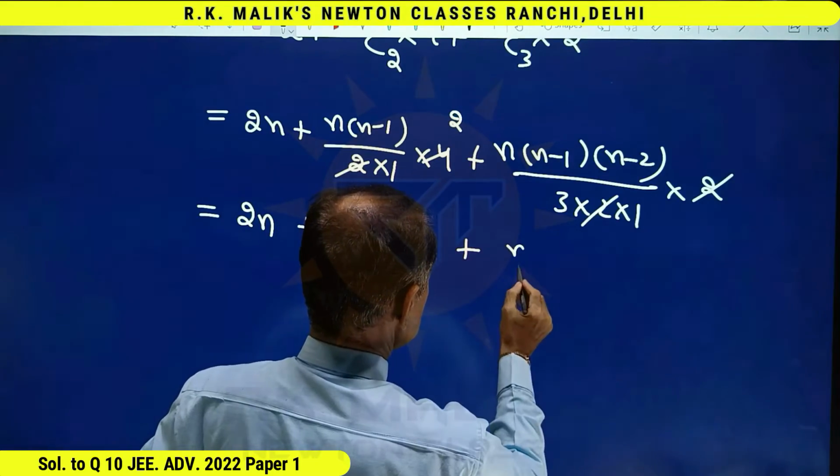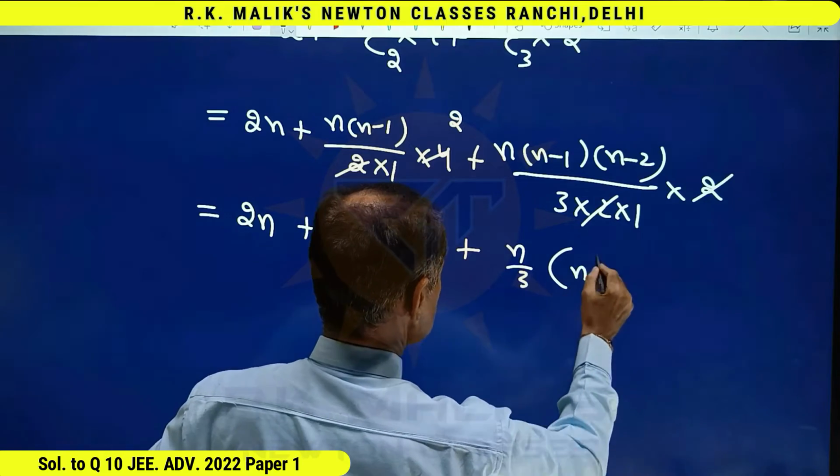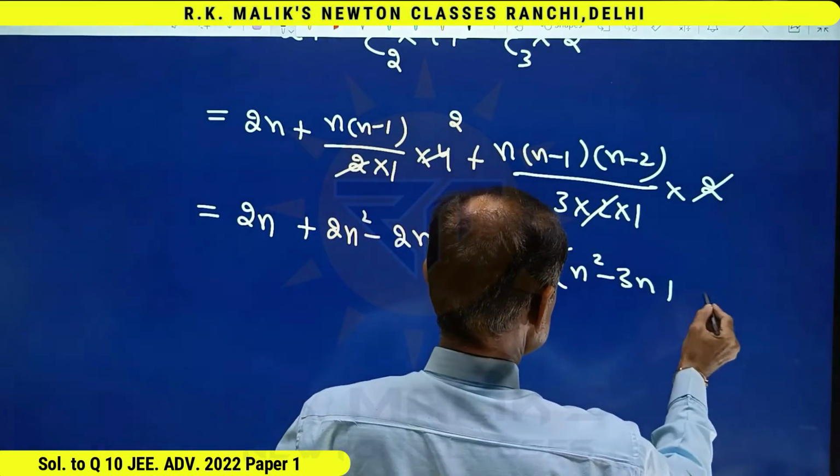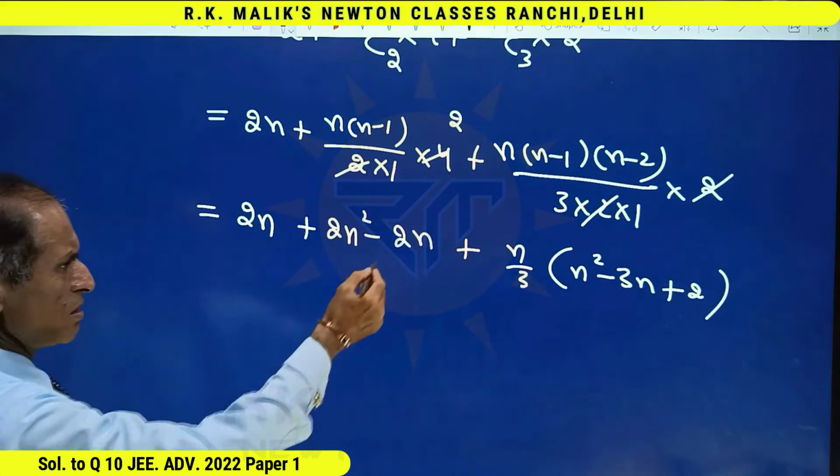Plus n by 3 into n square minus 3n plus 2.